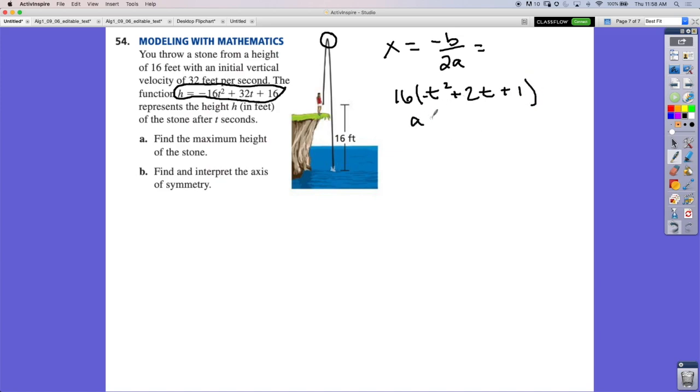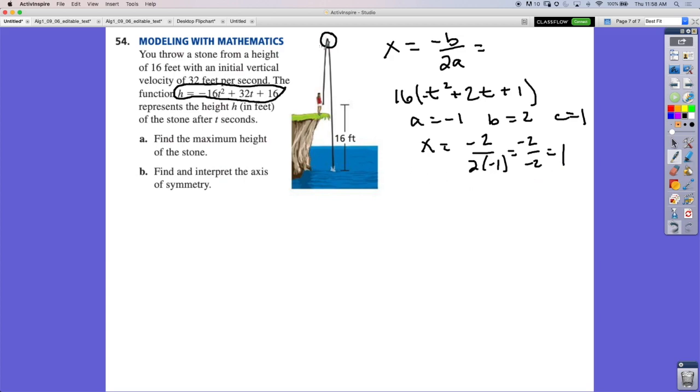So a here is negative 1, b here is 2, and c is 1. So x is going to equal the opposite of b, which is negative 2, over 2 times negative 1. So that's going to be negative 2 over negative 2, which makes it 1.